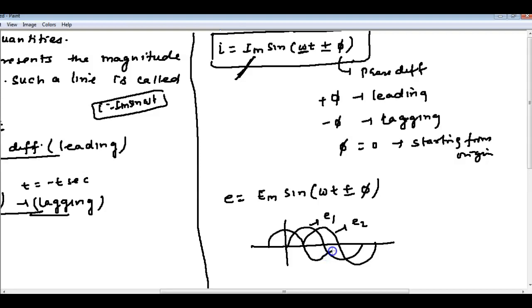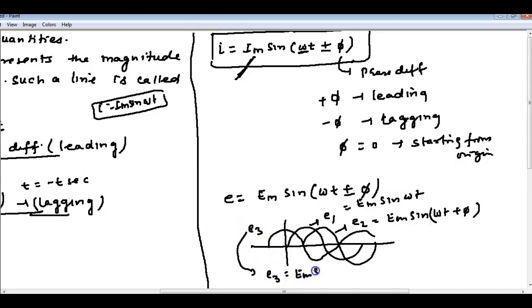No doubt till here. So the E1 equation is Em sine of omega t, E2 is Em sine of omega t plus phi, and E3 is Em sine of omega t minus phi.